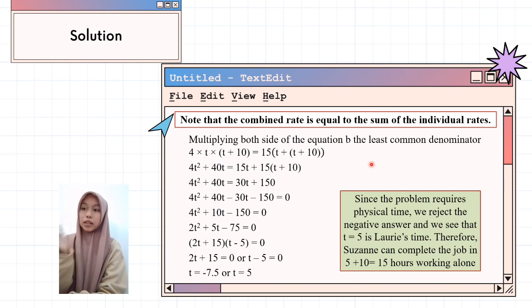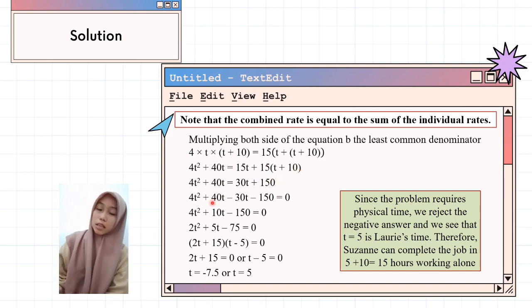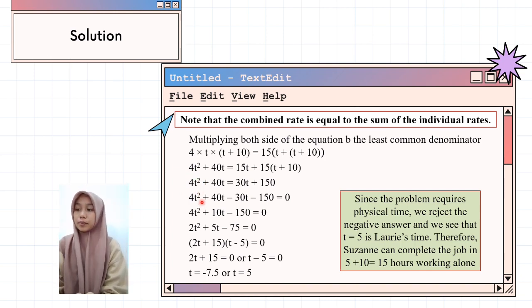Multiplying both sides of the equation by the least common denominator, 4 times T times (T + 10) equals 3 times (T + 10 + T). So 4T² + 40T equals 6T + 30. So 4T² + 40T - 6T - 30 equals 0, and we have 2T² + 17T - 15 equals 0.